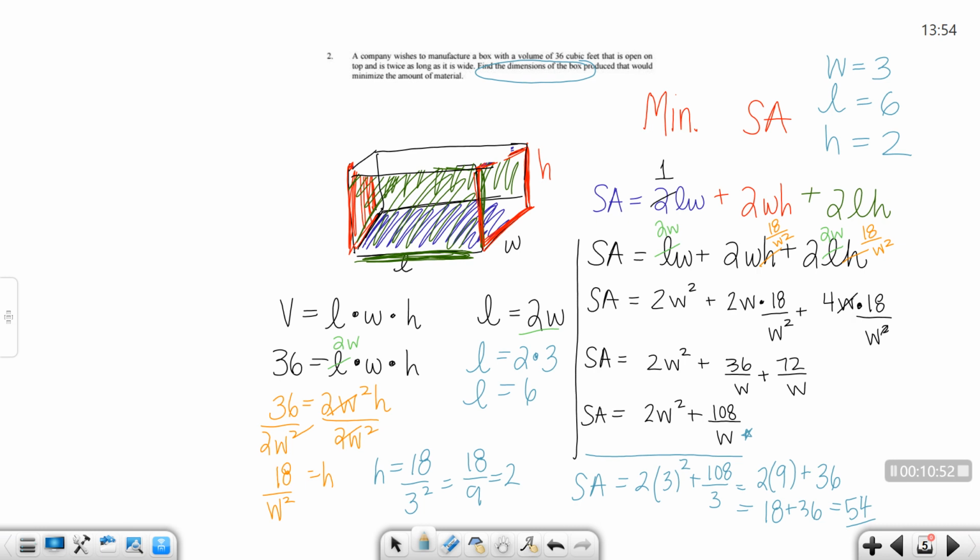So this particular question asks for dimensions, 3 by 6 by 2. If it asked you a second question for the minimum surface area, you could just plug that in and you would get 54. But this particular one did not ask for the surface area, just the dimensions.